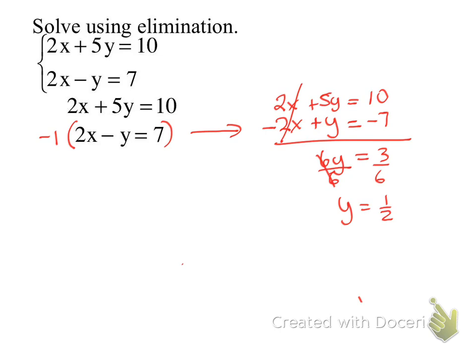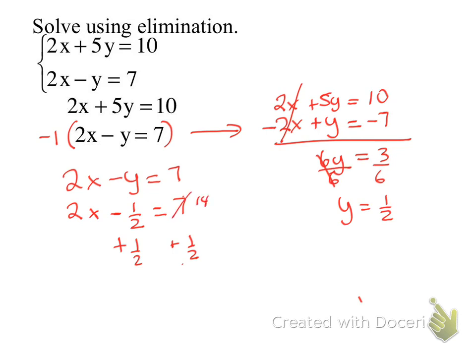I use 2x minus y equals 7. So I'm going to rename this as 14 over 2. And so what does that become? 2x equals 15 over 2.